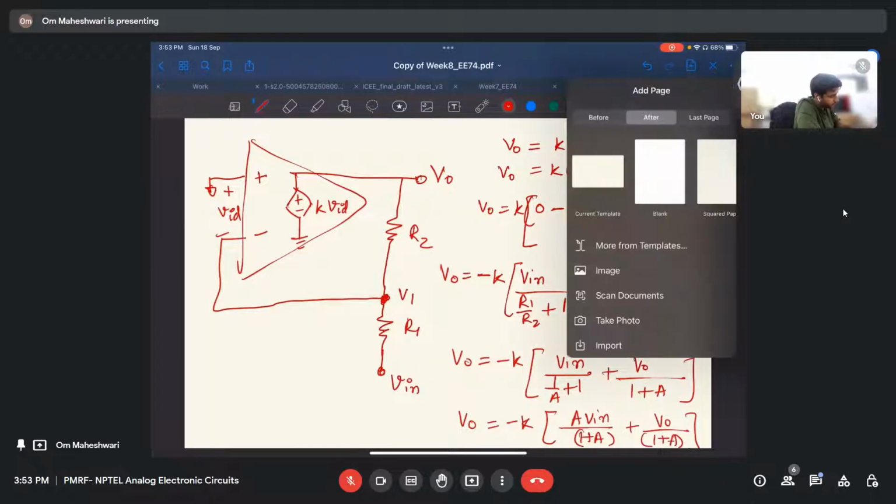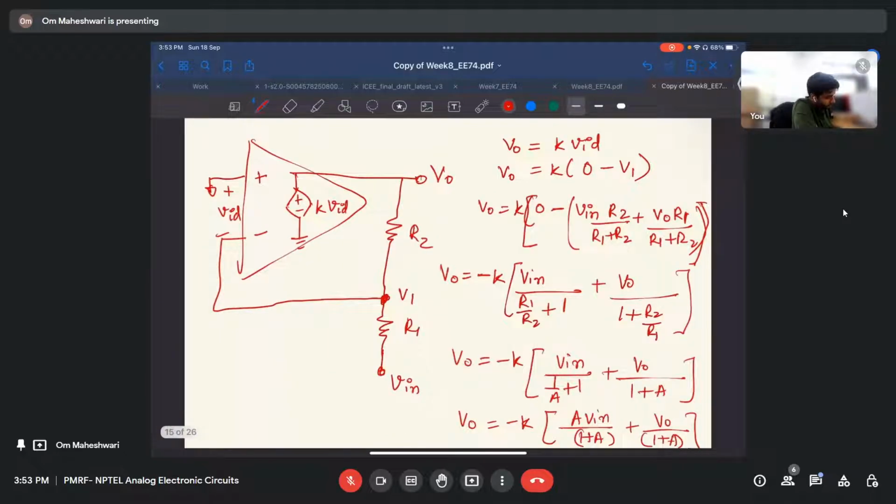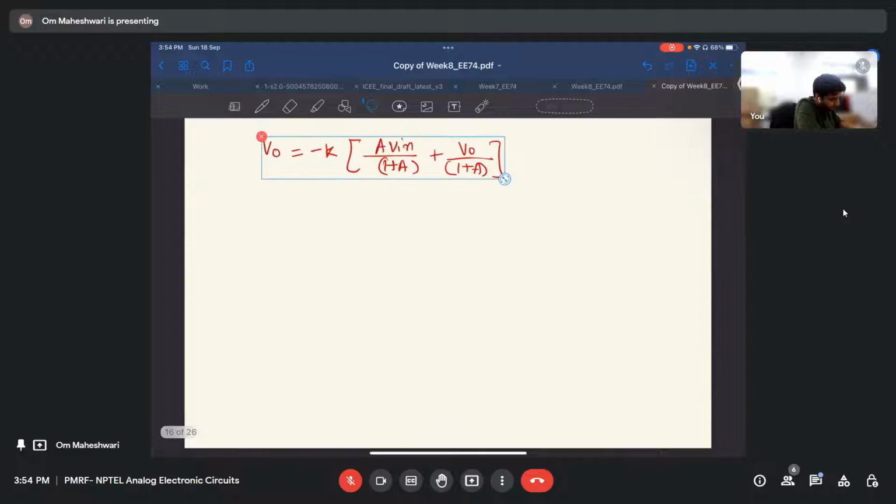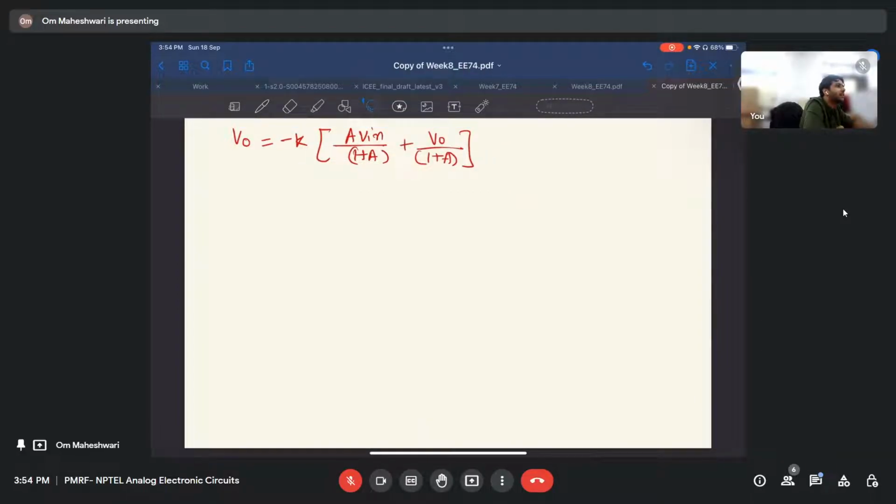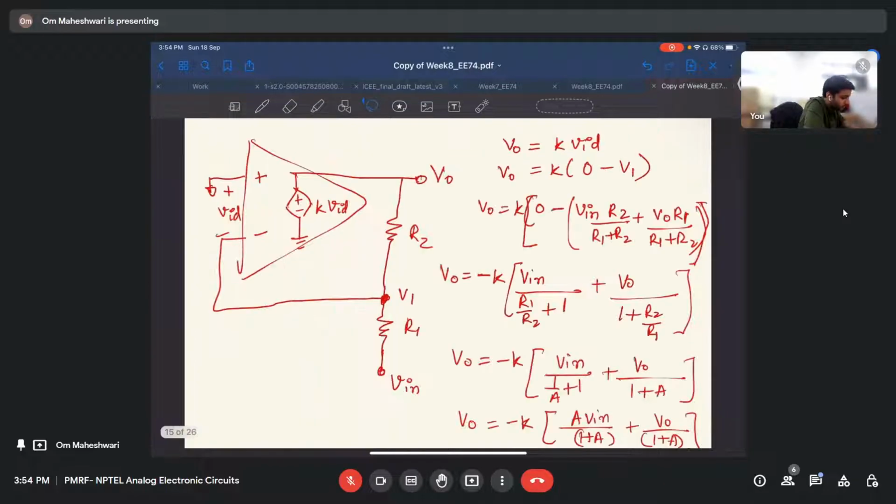Okay, so let us add a page. I'll copy this equation. Is everything clear till this step? What have I done? What is A? What is K? Is it clear? Let me write, K is the open circuit gain of the op amp.